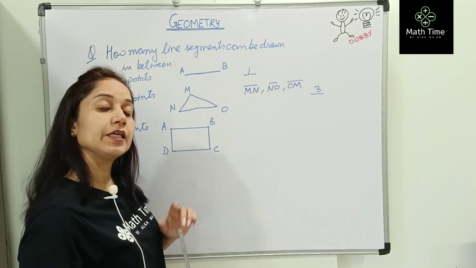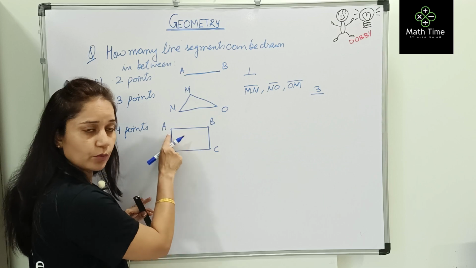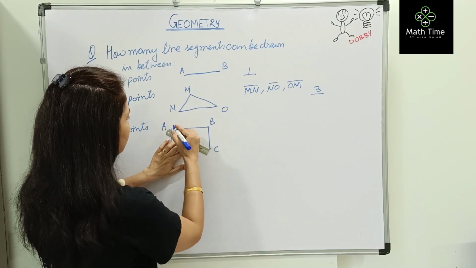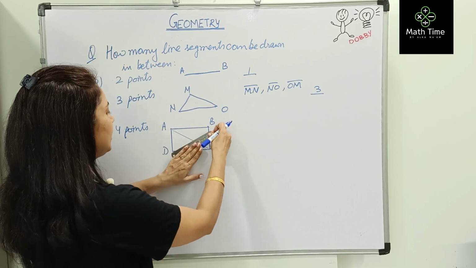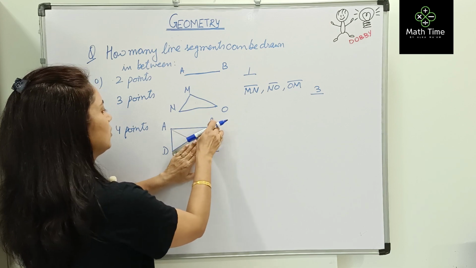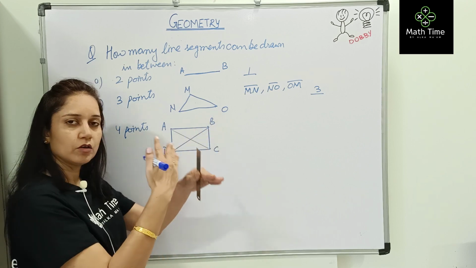Now think, can we make some more? Yes, we can make. A and C are also points. So joining A and C, we can make one line segment. This is called a diagonal. Joining B and D also we can make one line segment. This is another diagonal. So how many line segments could we make? 4 boundary walls and the cross to this.